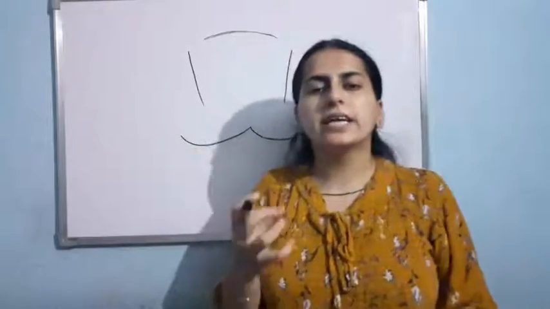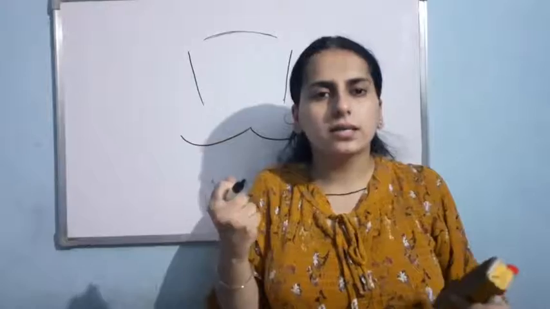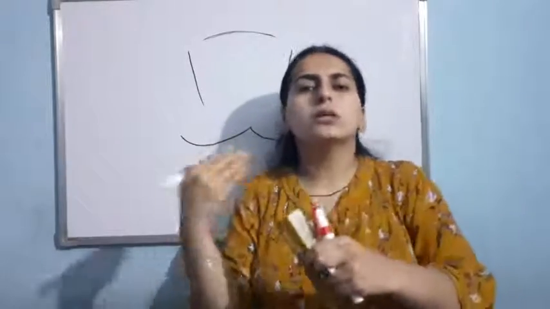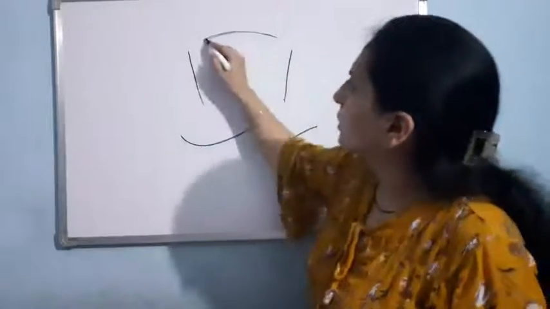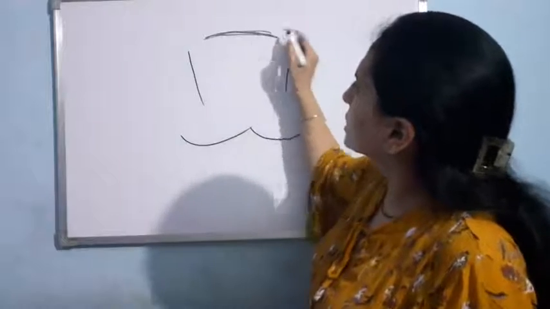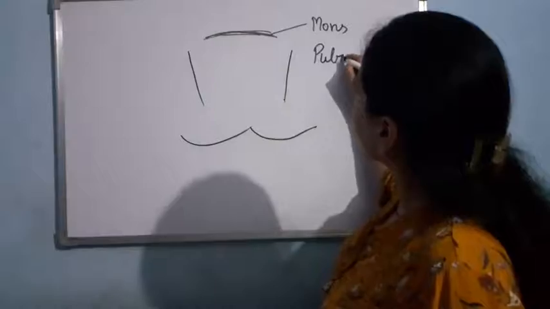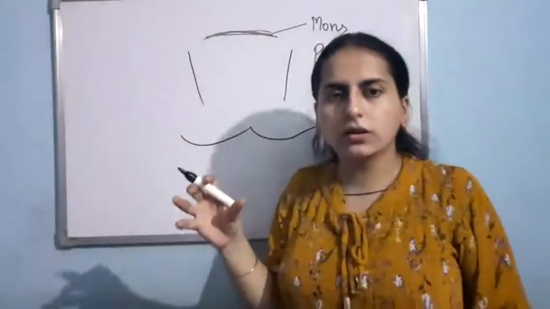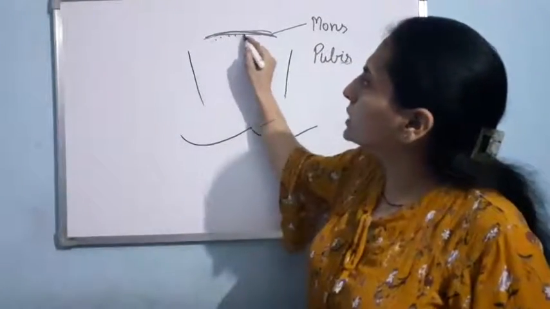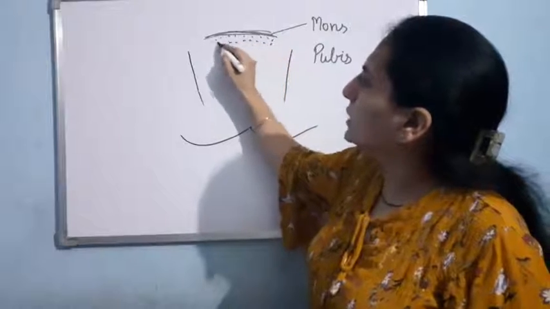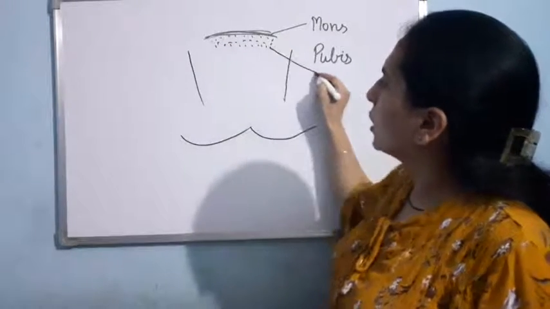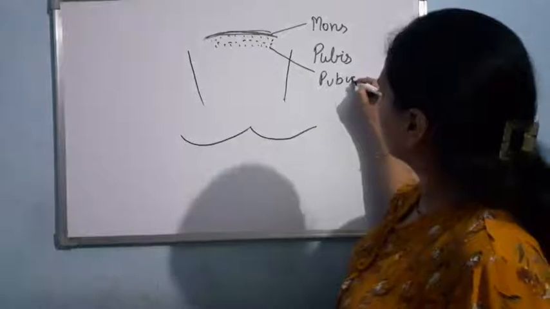This is a fatty cushion-like structure which is present on the top. And over the mons pubis, hair are present, and they are known as the pubic hair.